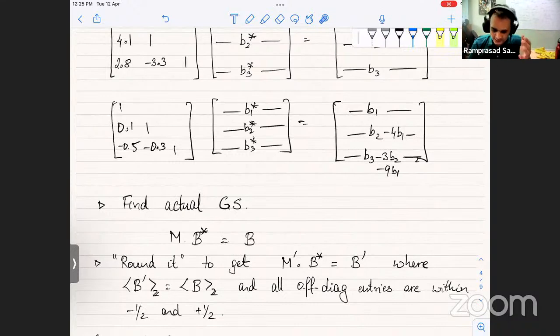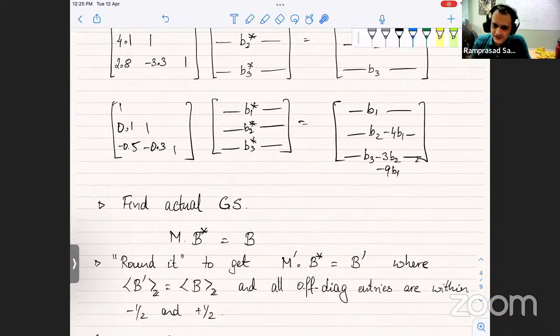So now you will end up with a different m prime times b star equals b prime, which is this rounded off basis, because at this point the basis has slightly changed. Whatever basis you started off with, you now have a slightly different basis. Of course they still span the same lattice, but it's a different basis nevertheless.